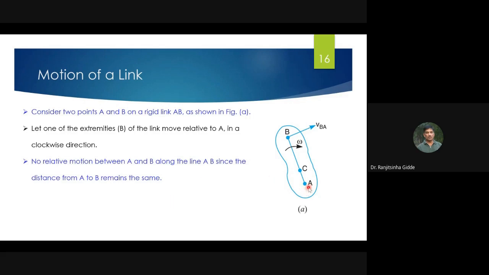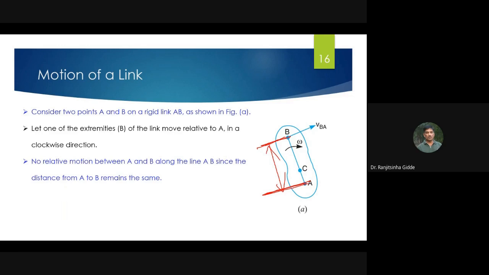Observing this A and B, there is no relative motion between A and B. That means B approaches towards A or A approaches towards B, that is not happening because this distance remains the same.